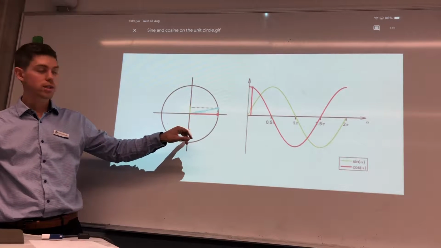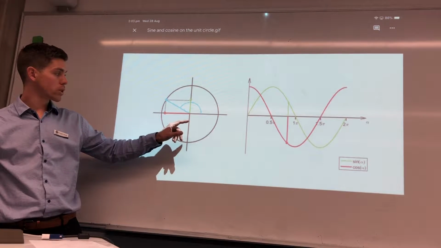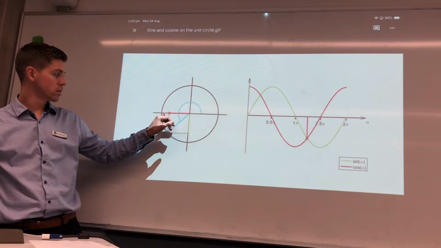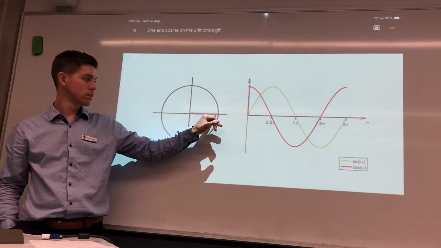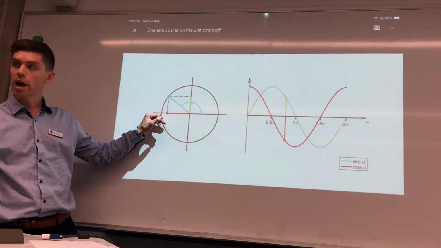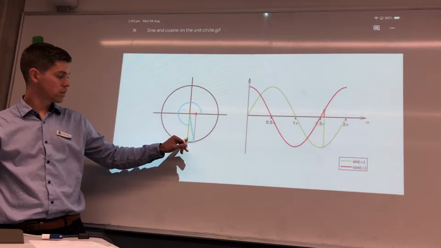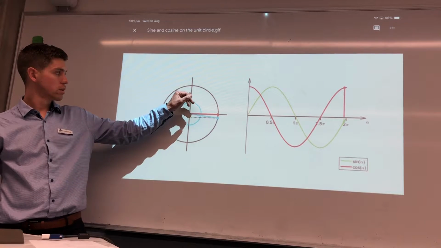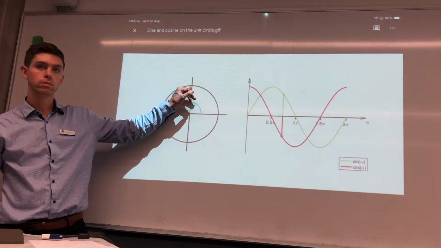And the triangle has a corresponding x and y coordinate, which oscillate between -1 and 1, depending on the angle.